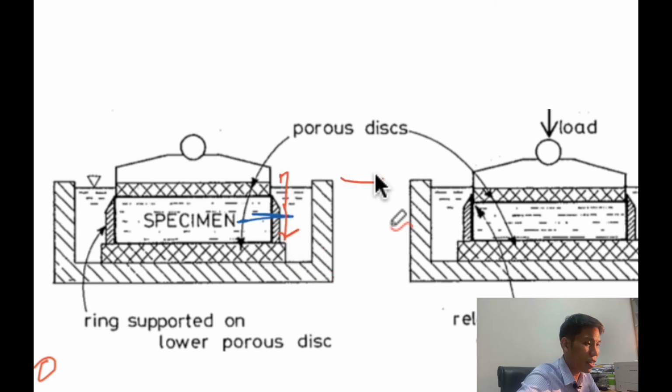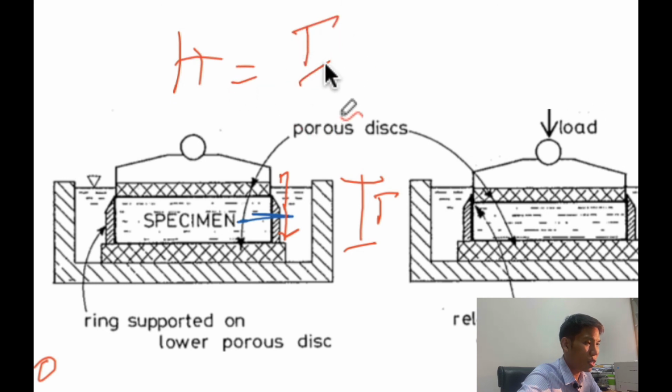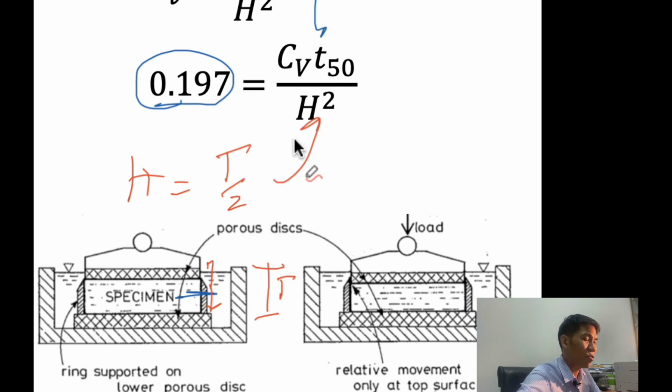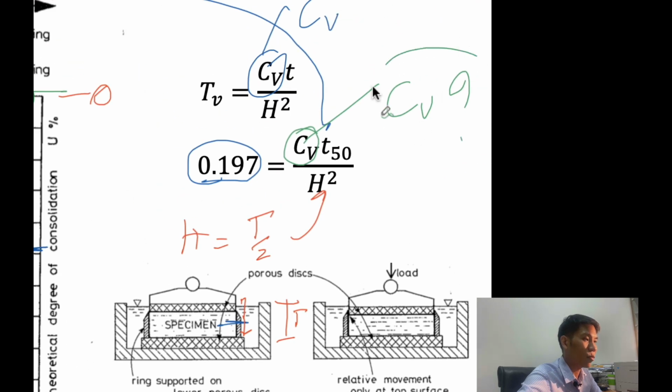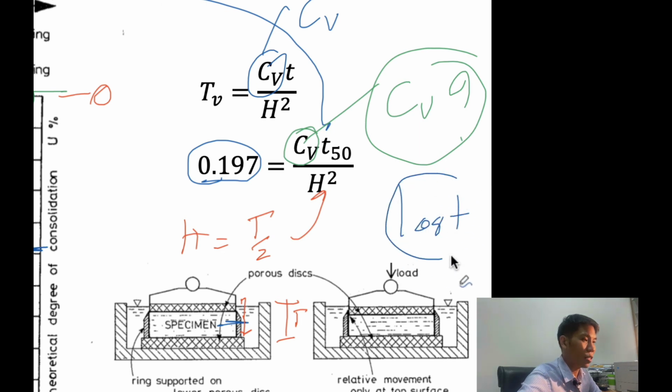So the drainage length of this one is H equal to T over 2. You substitute this value of H over 2. After that, you can calculate the CV value. So this one is the CV for log time.